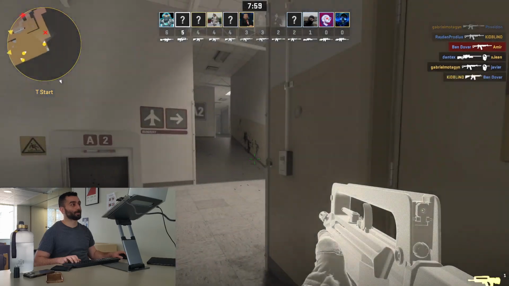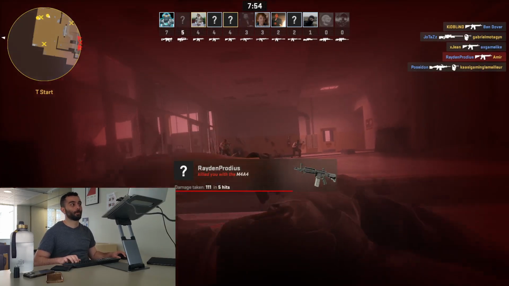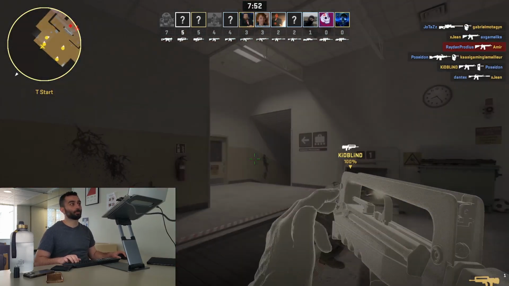What are his guns, by the way? Guys, don't move. Just don't move, can we?